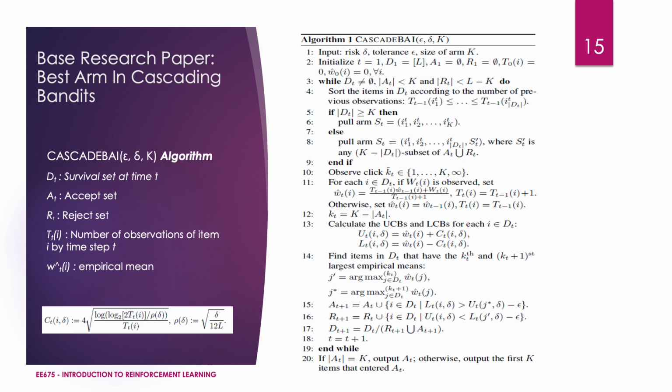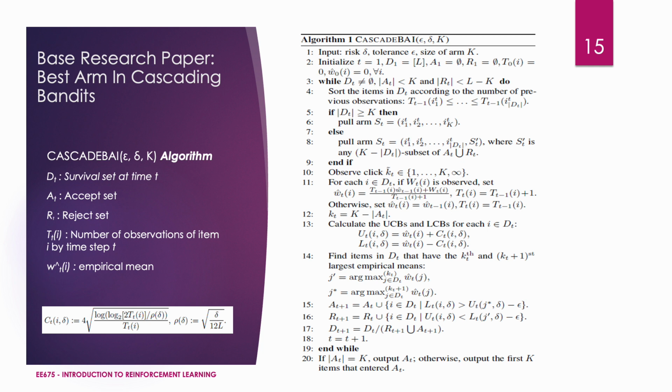Now for each item i belonging to set Dt, if Wi is observed, we update the weight of that item accordingly. Otherwise, the weight remains unchanged, and we update Kt to K minus |At|.